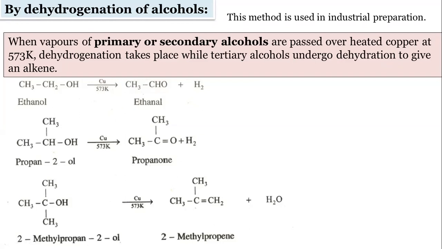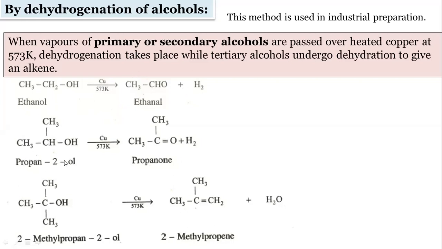This is oxidation by using copper. When the vapors of primary or secondary alcohols are passed over heated copper at 573 K. For primary, secondary and tertiary, the conditions are the same.